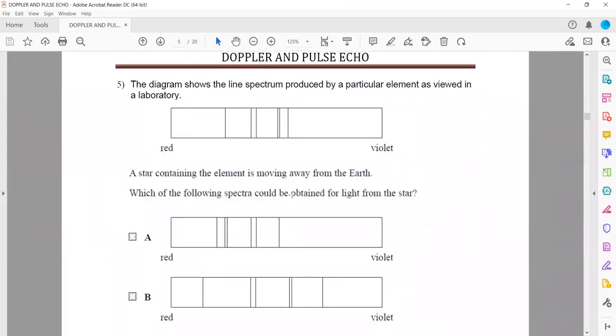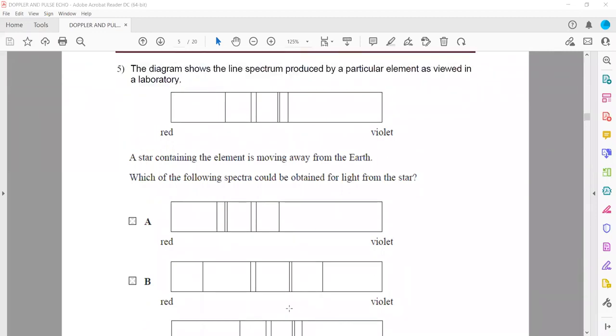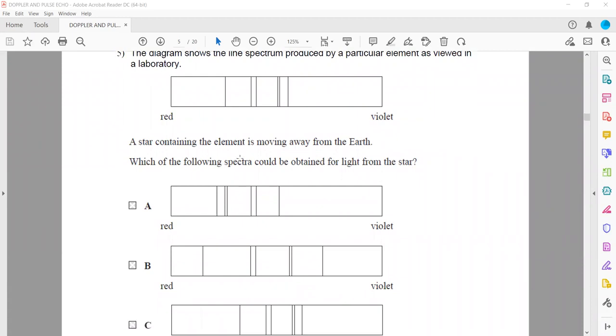Question 5: the diagram shows a line spectrum which is produced by a particular element viewed in the lab. Then a star containing the element is moving away. So whenever an object moves away, what will happen? The wavelength will increase.